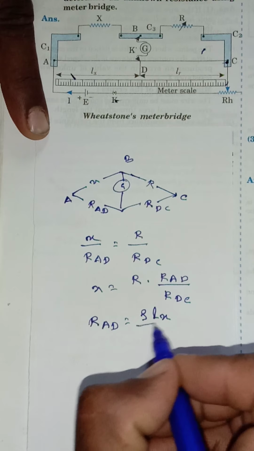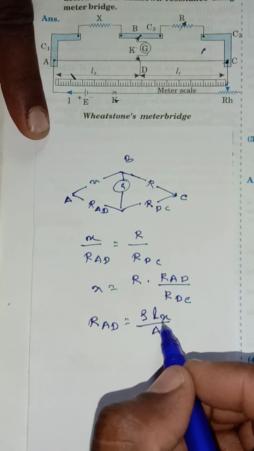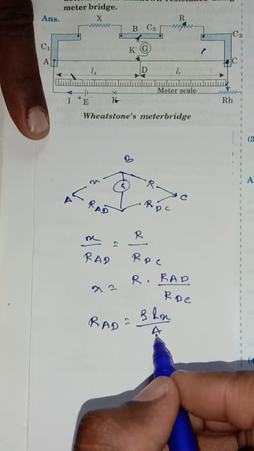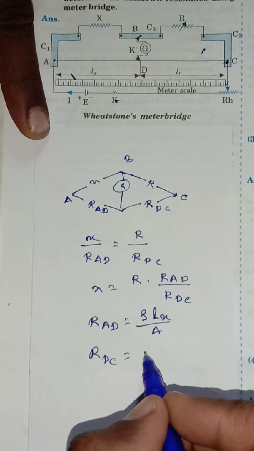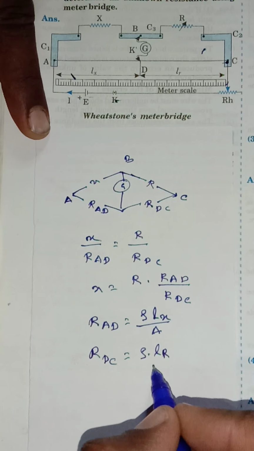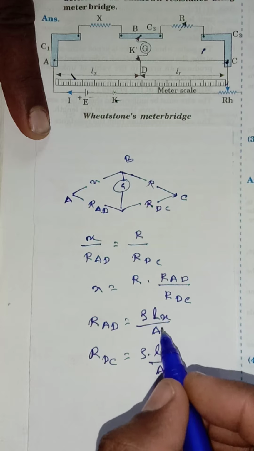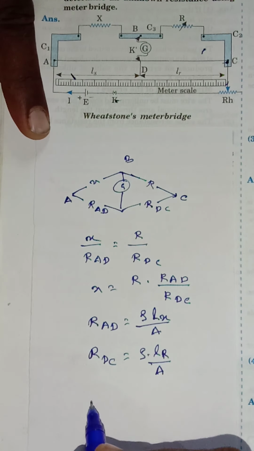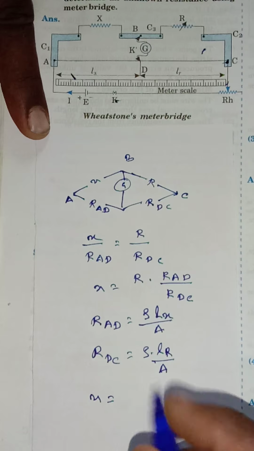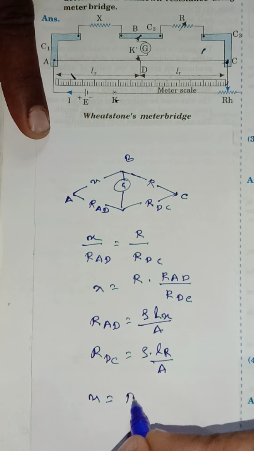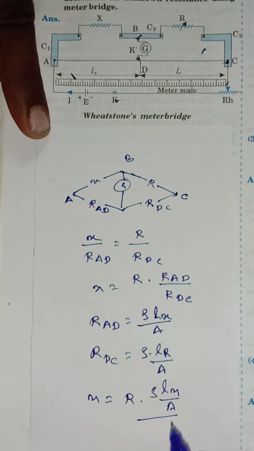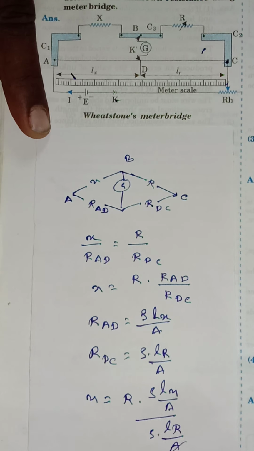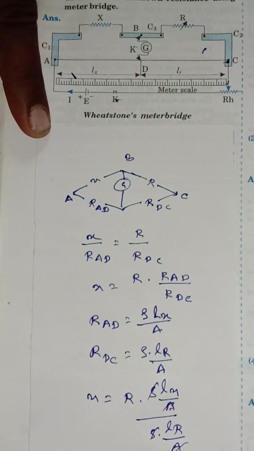LX divided by area. Resistance is directly proportional to length and inversely proportional to the area. Similarly, I can write RDC is equal to rho into LR divided by A. Taking both values in the above equation, we can write X is equal to R into rho LX divided by A, whole divided by rho LR divided by A. Both A gets cancelled, rho gets cancelled.